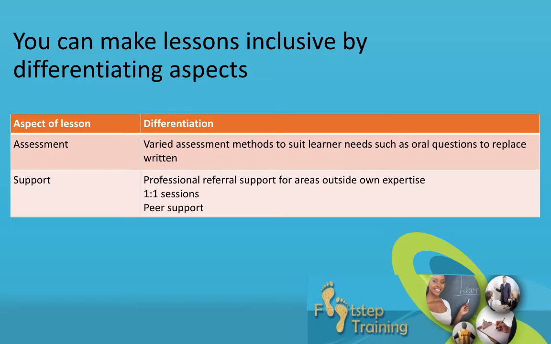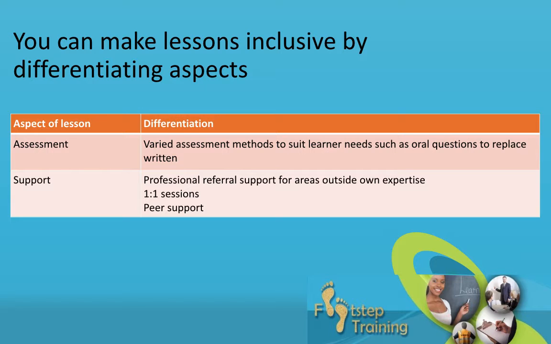For assessment, you might need to vary your assessment methods to suit learner needs. So it might be, if certain learners have a challenge writing answers to written questions, that you provide the opportunity for them to answer questions orally, and you record it on a digital voice recorder to replace the need to write answers out. And also providing various options in terms of support.